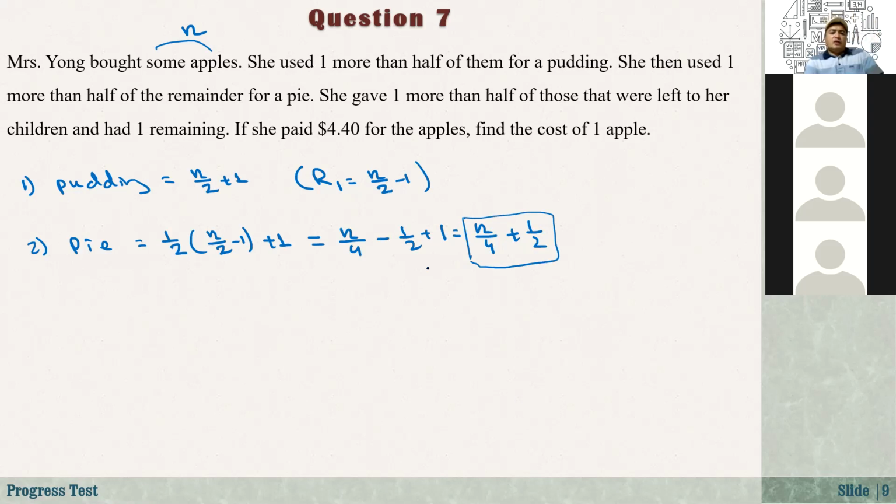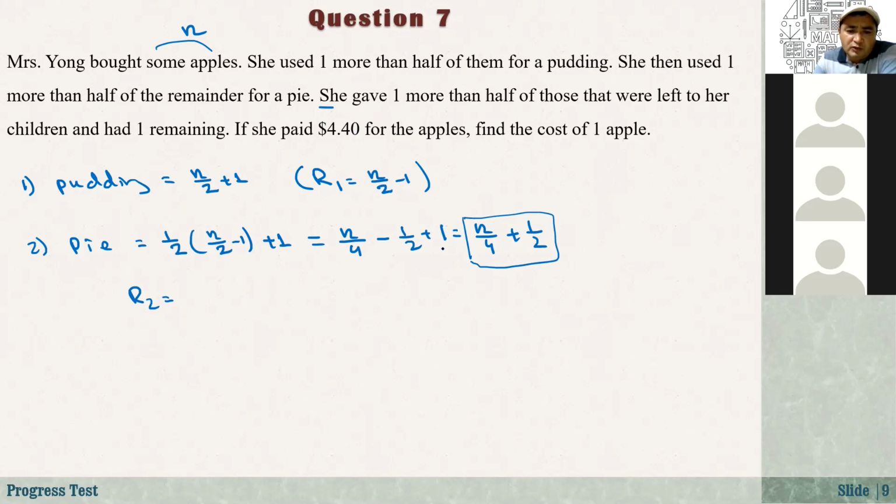Okay, and we'll continue. The third part, she gave one more than half of those that were left to her children. So now, there's the remainder 2. First, let's find this. Before she used for pie, she had n over 2 minus 1 apples left.